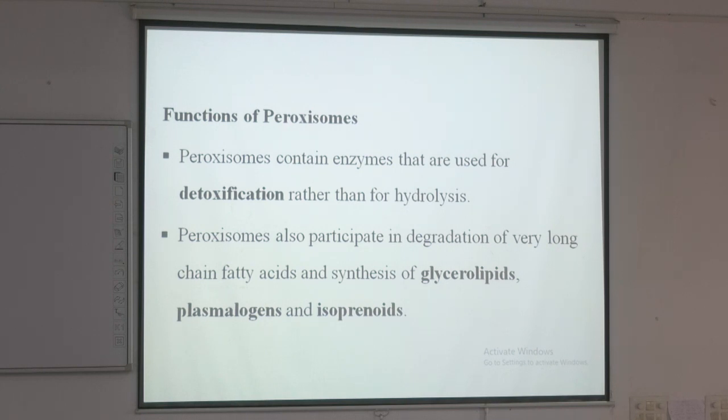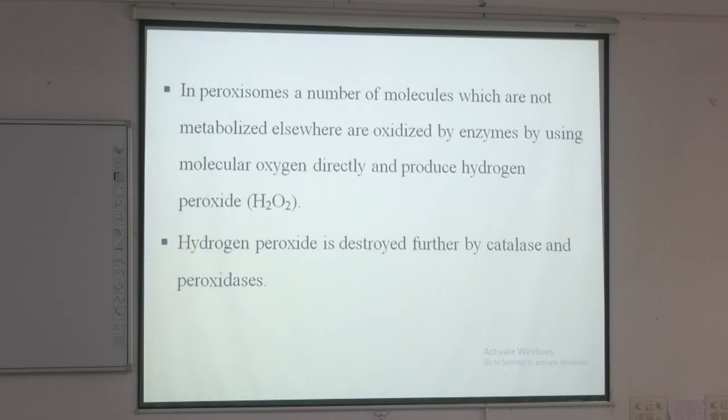Peroxisomes. In peroxisomes, molecules are oxidized by enzymes using molecular oxygen directly and produce hydrogen peroxide. Hydrogen peroxide is a very harmful molecule for the body because it causes lipid peroxidation.